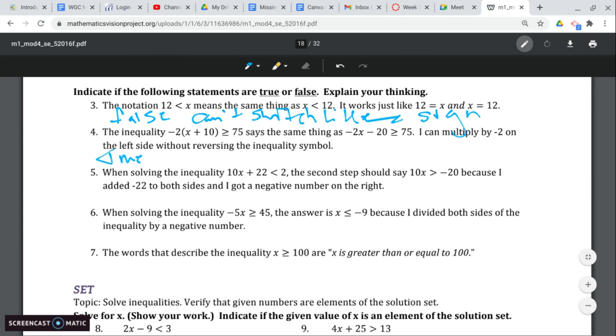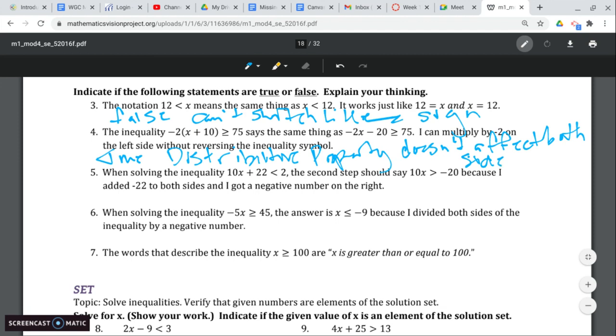The distributive property does not affect the inequality. So the distributive property doesn't affect both sides. So it's only when it affects both sides that then it would change the inequality symbol by multiplying by that negative.